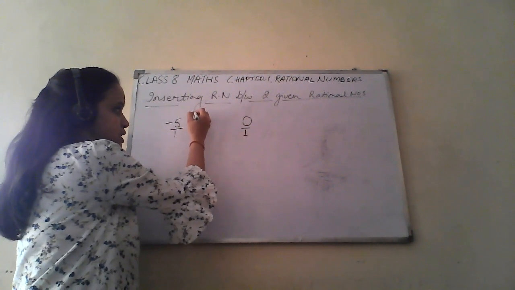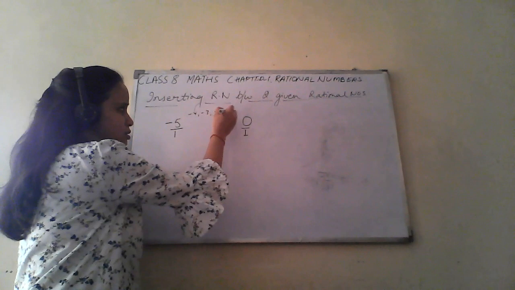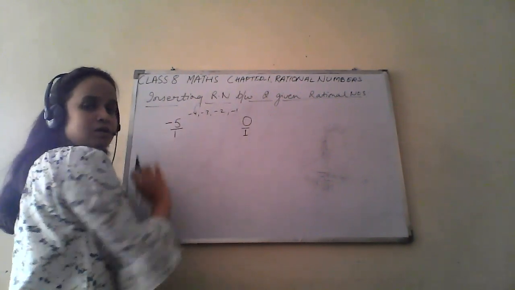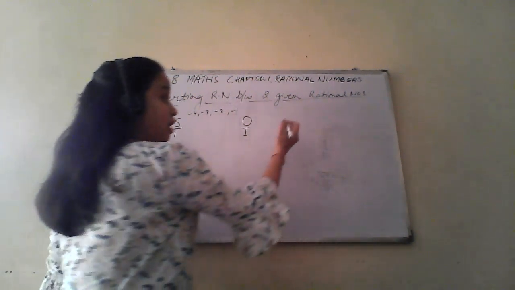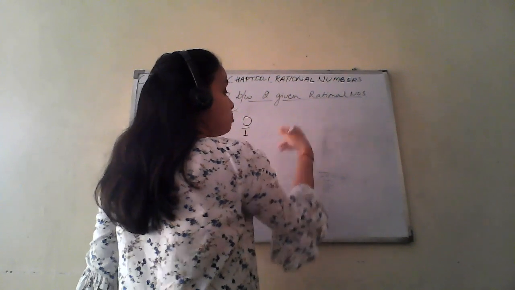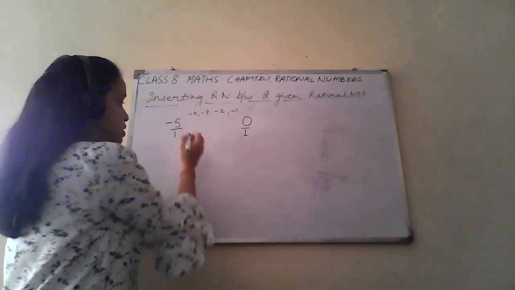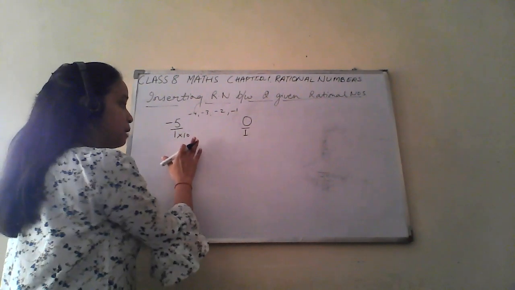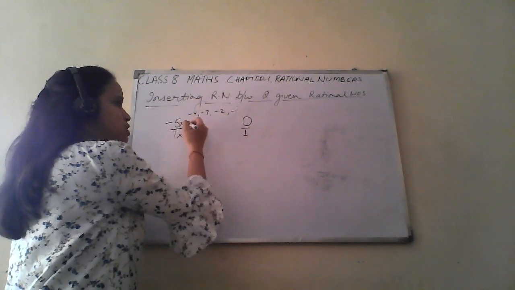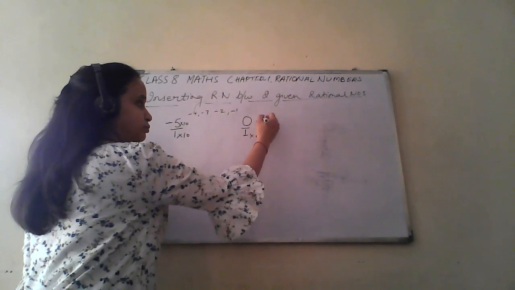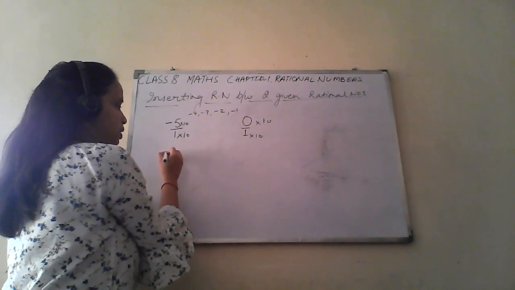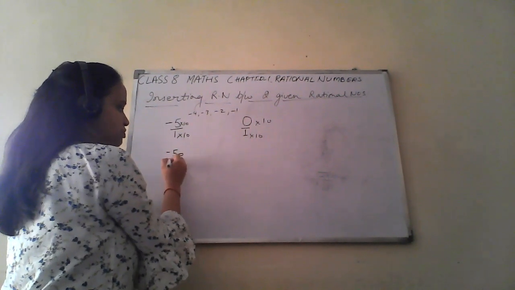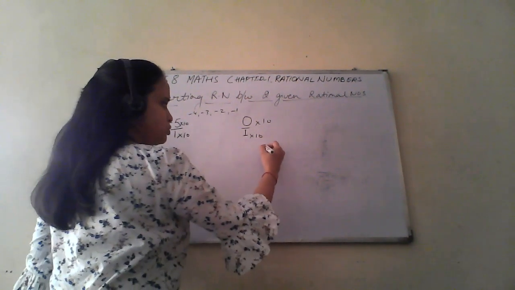We can easily say minus 4, minus 2, minus 1, this one. But what if we have to plot more than 5 or more than 6 rational numbers between these? Simply we will multiply the denominator by any number, and we have to multiply the numerator by the same number as well. So it will become minus 50 by 10 and this will become 0 by 10.